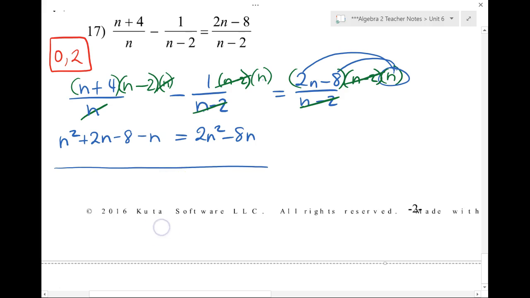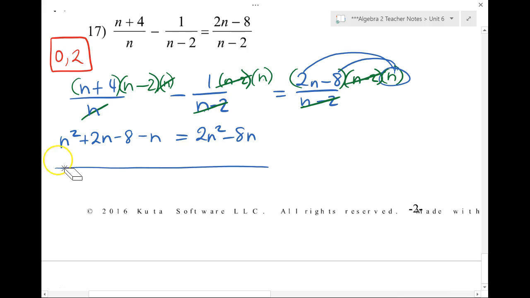If I subtract n squared from this side, then I'll have 2n squared minus n squared, which is just n squared. Whereas if I did it the other way, and did minus 2n squared here and minus 2n squared here, I'd have a negative to the left. So I'm going to help myself out and do n minus n squared and minus n squared here.